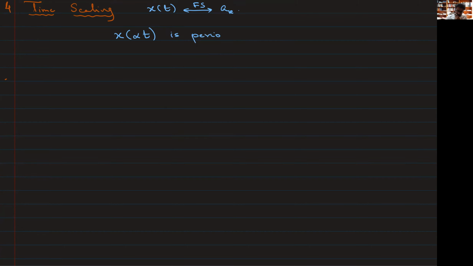T by alpha, excellent. I think this was a homework problem as well. It's periodic with a period T by alpha, where the period of x of t was capital T. The period for x of alpha t is T by alpha, and the frequency is going to be alpha times omega naught.